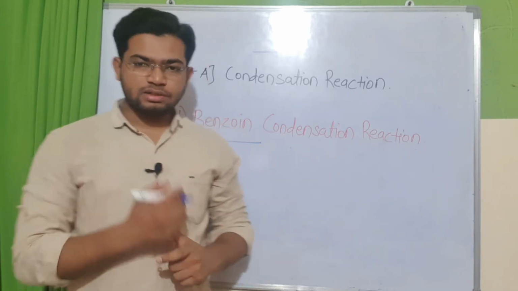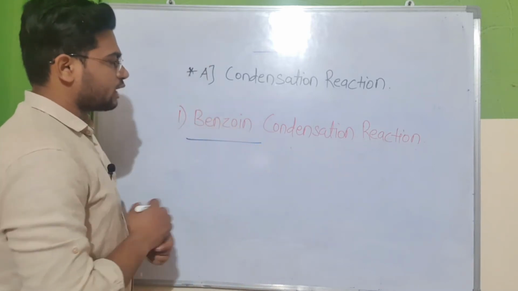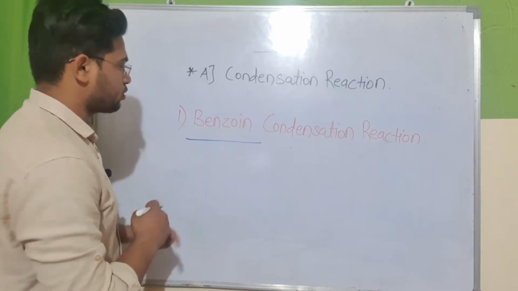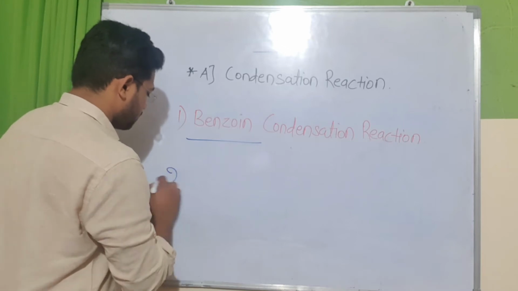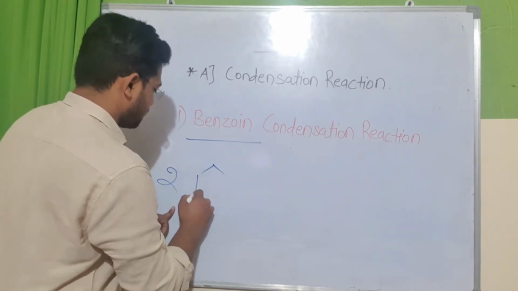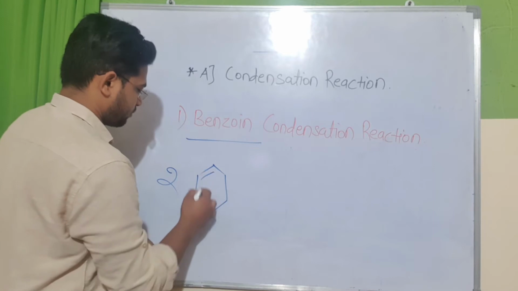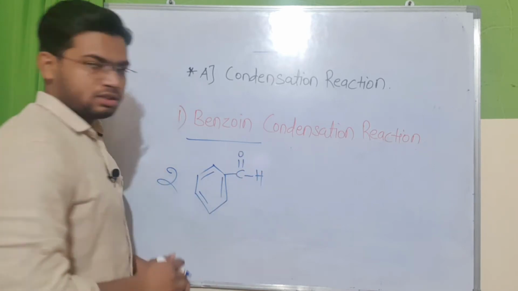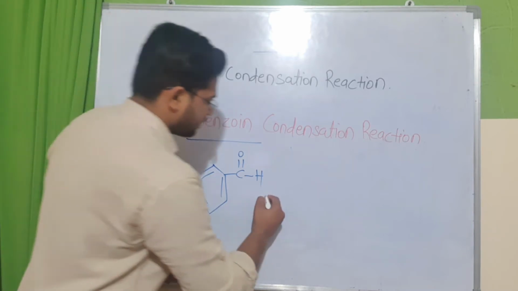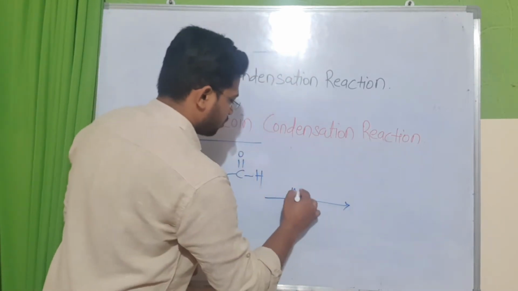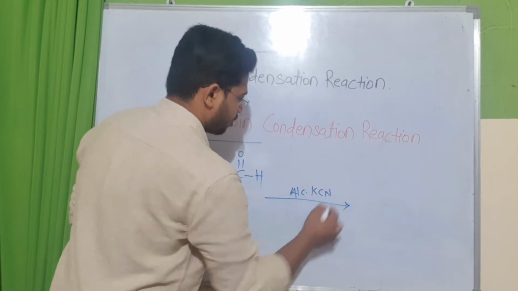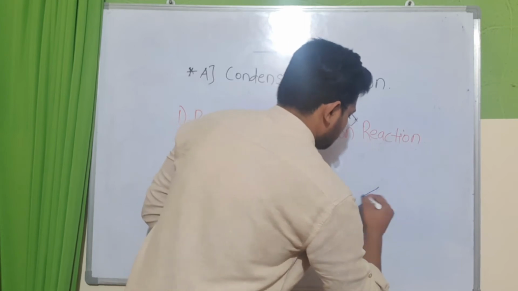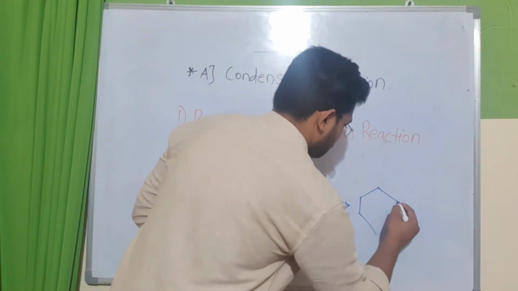Now we will see the reaction. Here we know that condensation reactions are the formation of a larger molecule from two or more molecules. So in this reaction there are two molecules of the reactant, which is benzaldehyde. This is your reactant. Now this benzaldehyde is going to react with alcoholic KCN, or you can take sodium cyanide also. Now there is a formation of the product, which is benzoin.